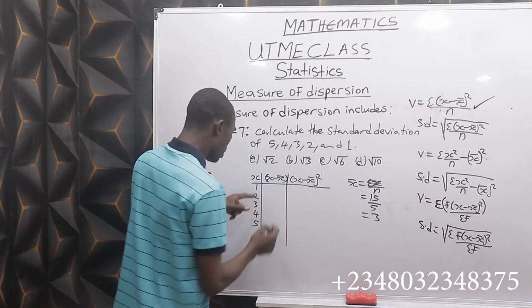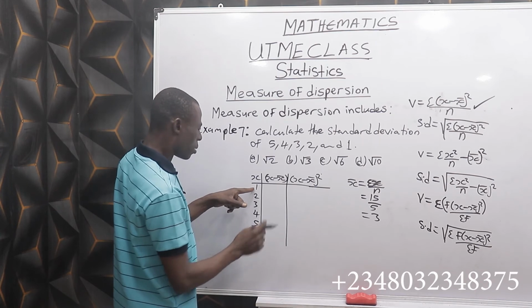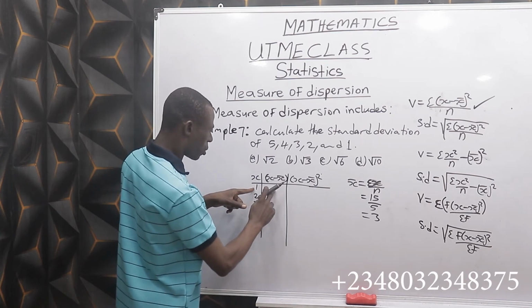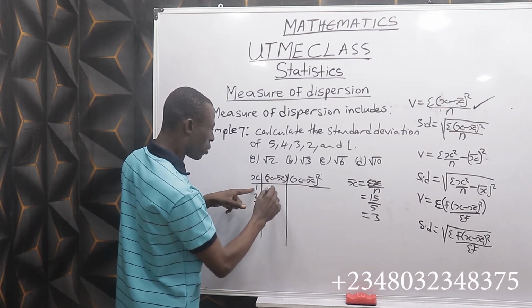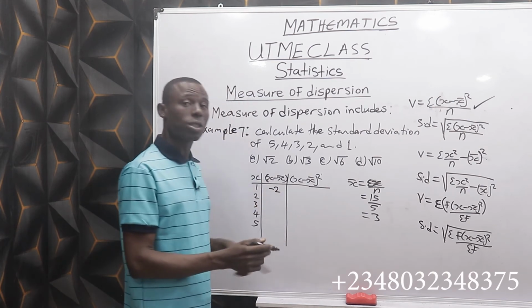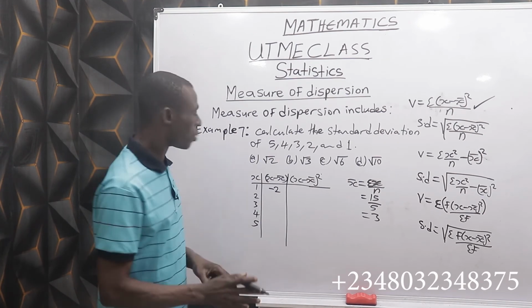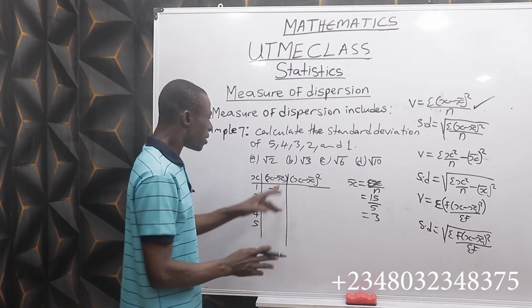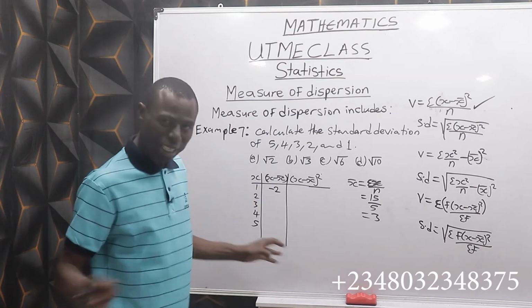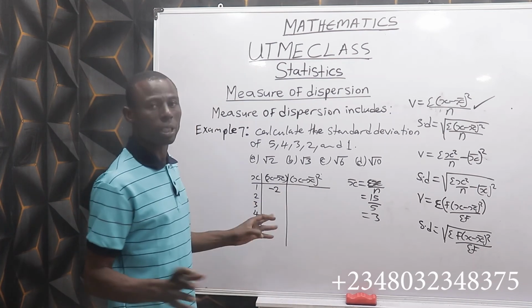If it is 3, x value is 1 minus the calculated mean 3. The difference is minus 2. Here, whether you use absolute value or the real value, it will not matter at all, because the squaring of it will cancel the negativity.